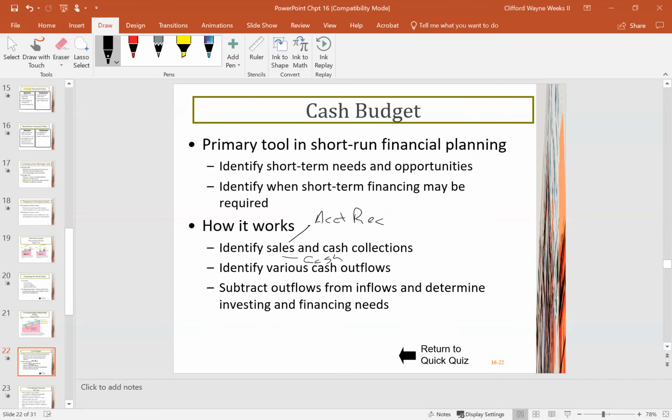When it comes to the cash budget, we're going to basically say that every time we make a sale, we're probably going to make 95% of our sales as accounts receivable. That means that 5% of it is going to be a cash sale. And so when we come up with our cash budgets, this is obviously an inflow this month of cash.